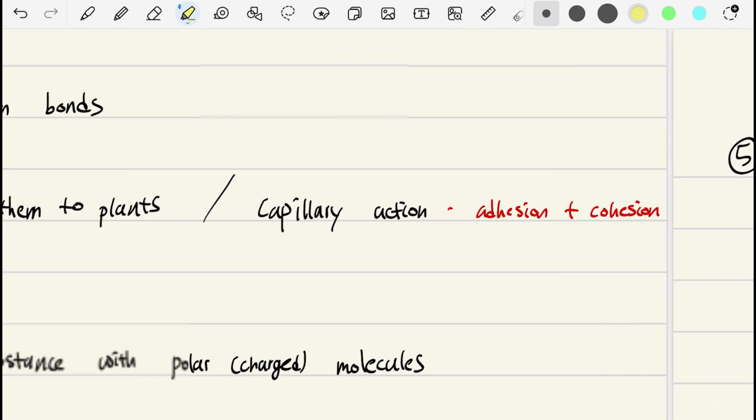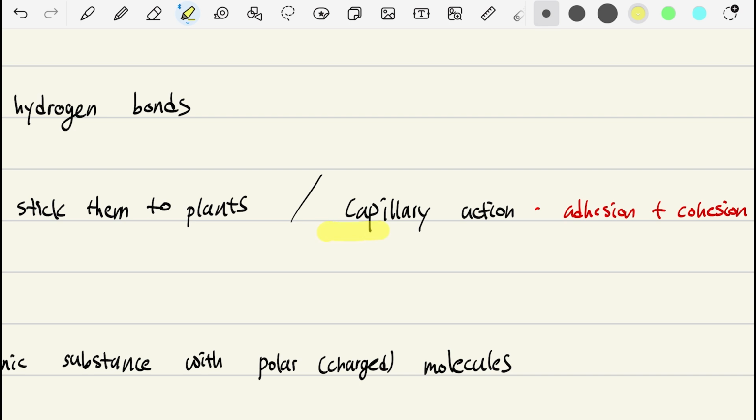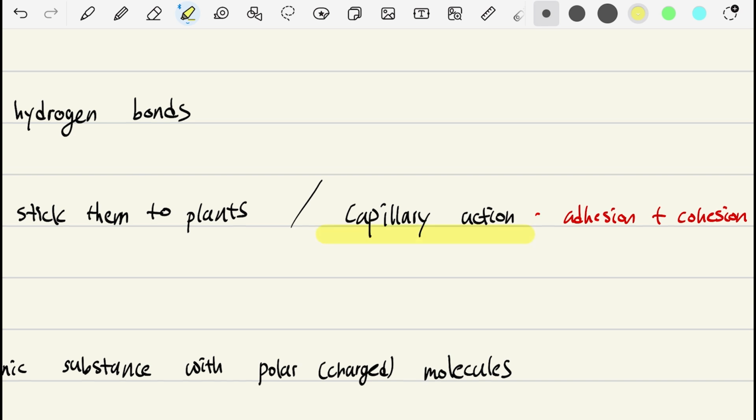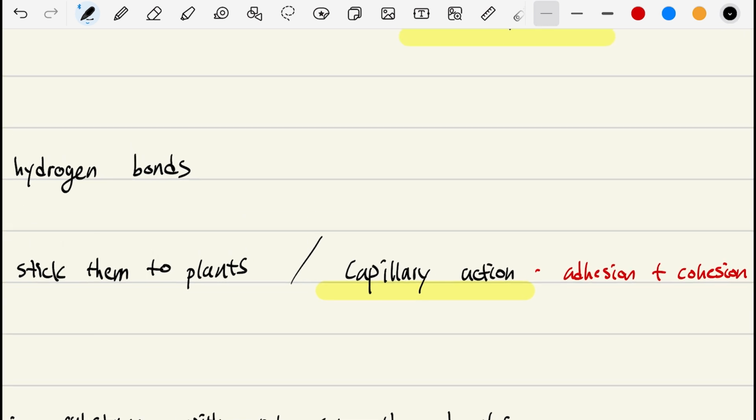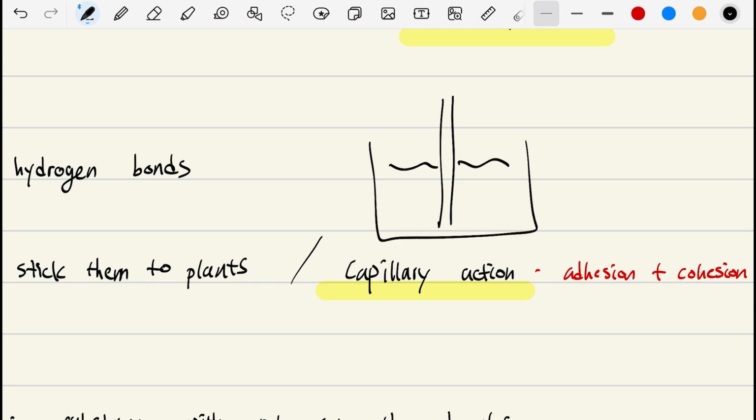And the second big example would be capillary action. Well, it's better to look up a video, but it basically happens when a really thin tube goes into the water, and the water gets sucked up the tube, and it goes all the way up.